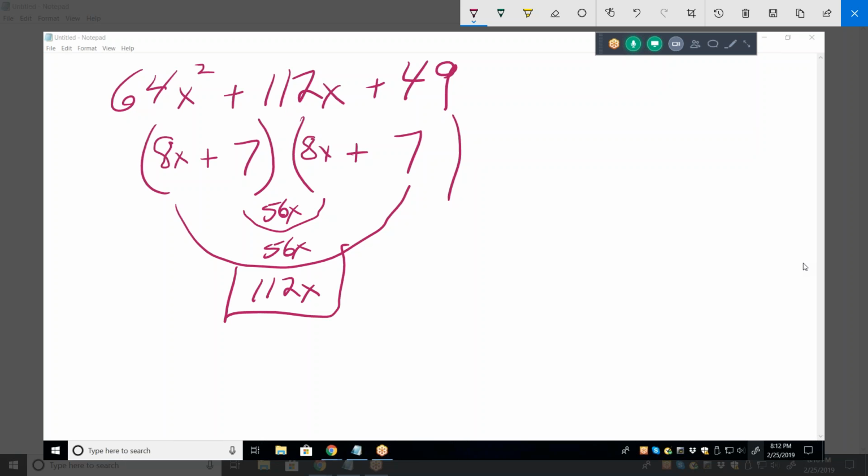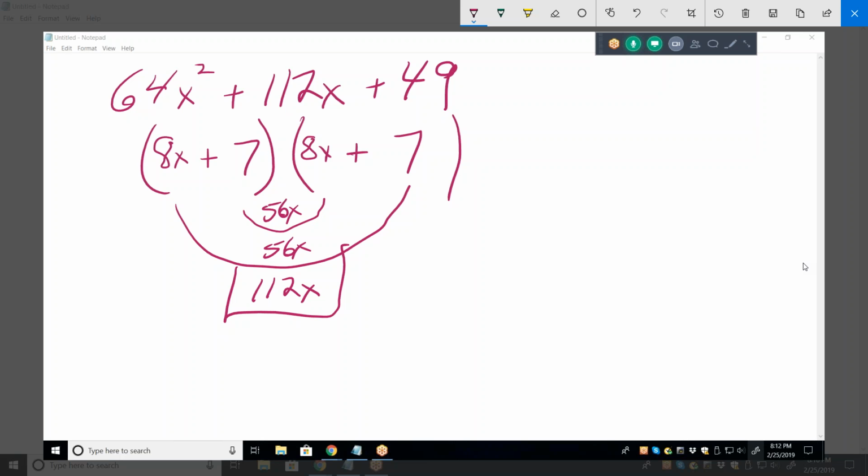So they gave you this problem that had a ton of possible solutions. And the reason being is that there are so many factors of 64. I mean, we guessed at 8 and 8. It could have been 4 and 16. It could have been 2 and 32.